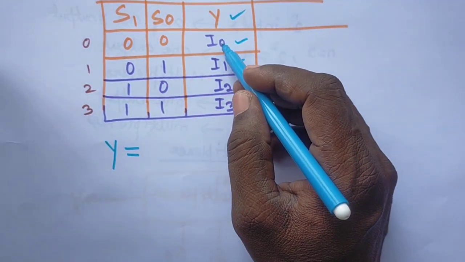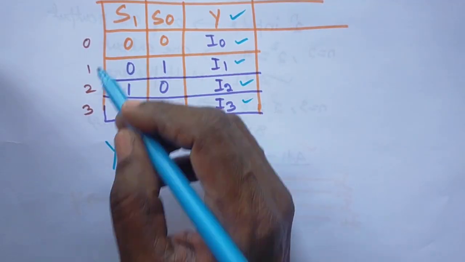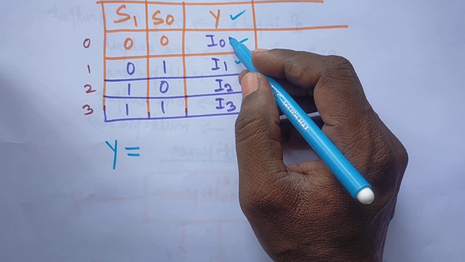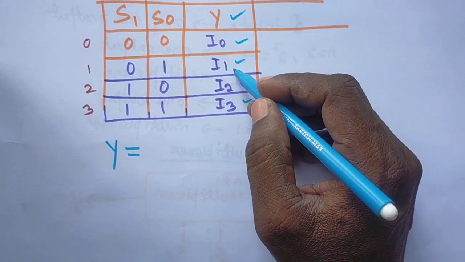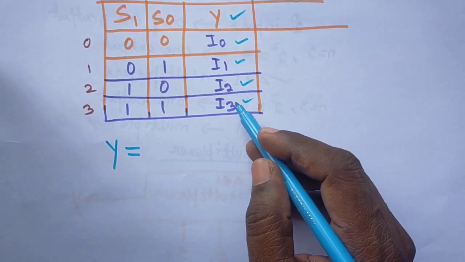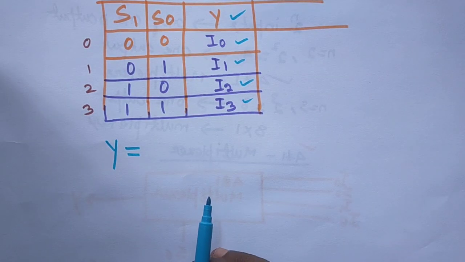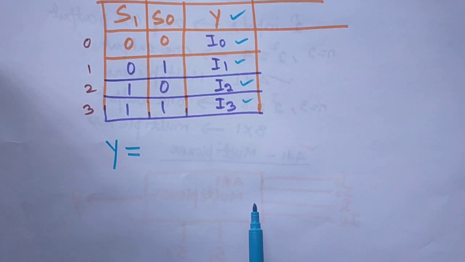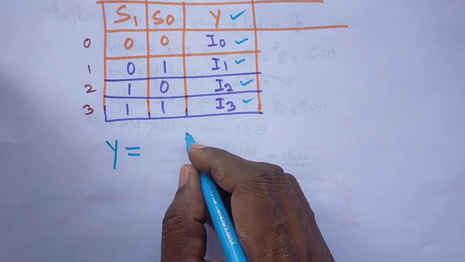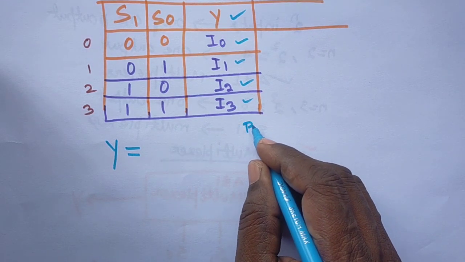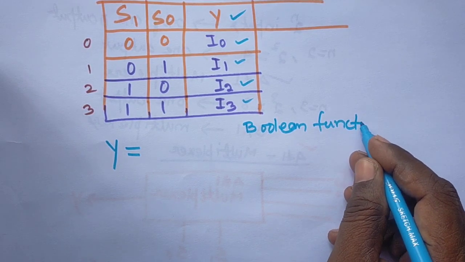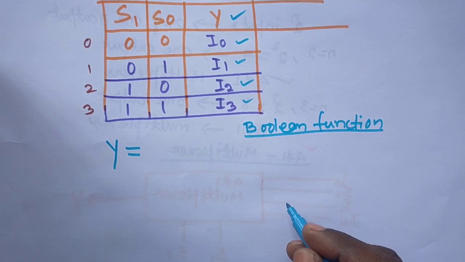So we use different logic gates for this multiplexing whenever we analyze that Boolean function. We can also write the Boolean function here, in a very simple way.